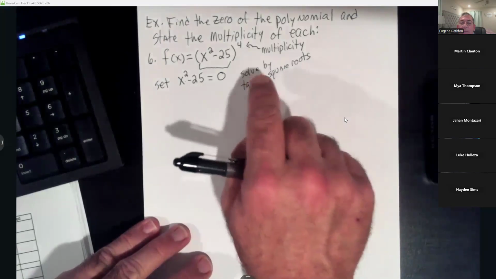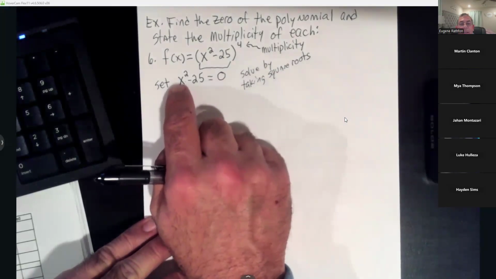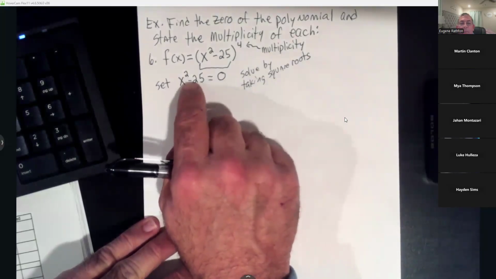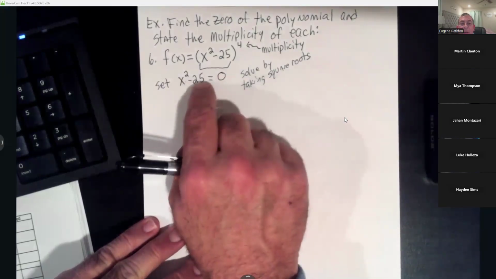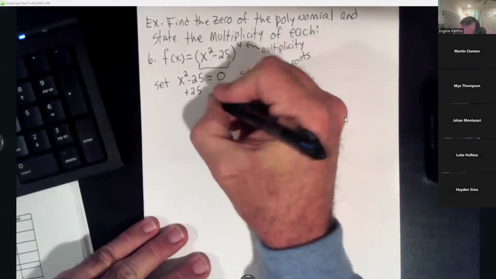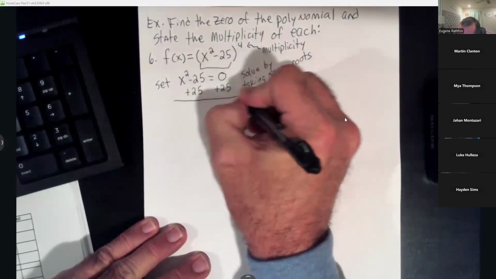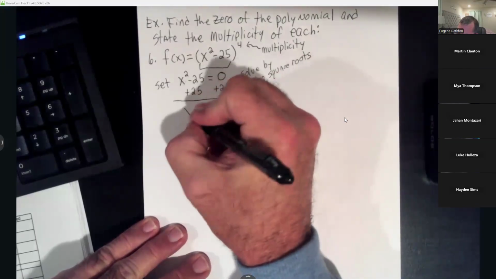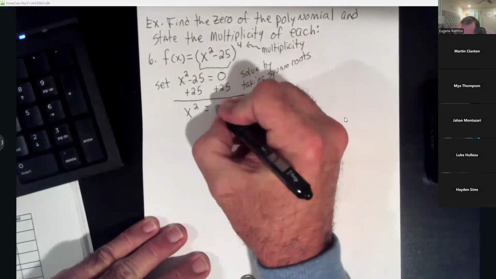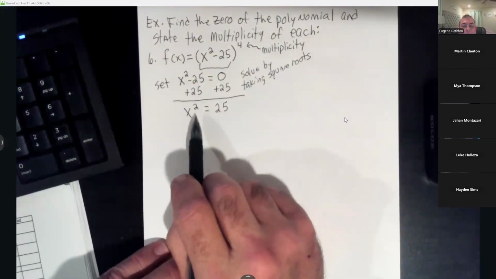So if I'm going to solve it by taking square roots, my first move is to get this x squared on one side by itself. So I'm going to move this negative 25 to the other side by adding 25. So y'all, at this point, I get my x squared on the left side, and then 0 plus 25 gives me 25 on the right side.